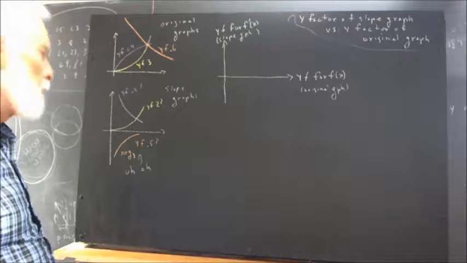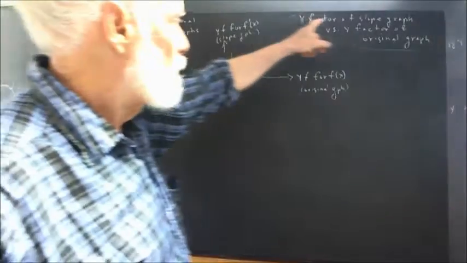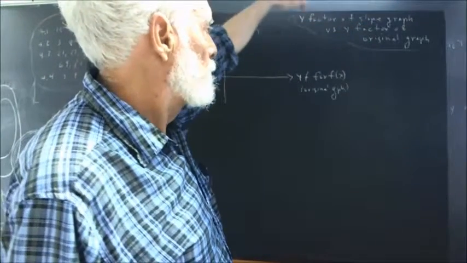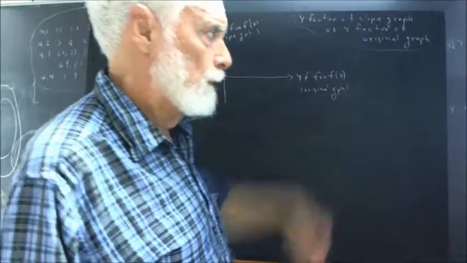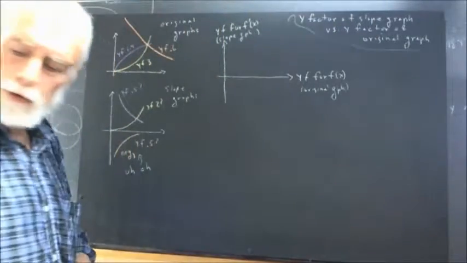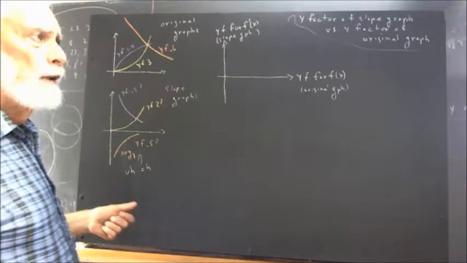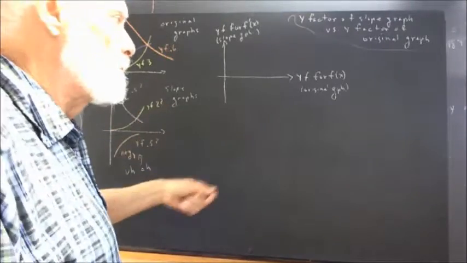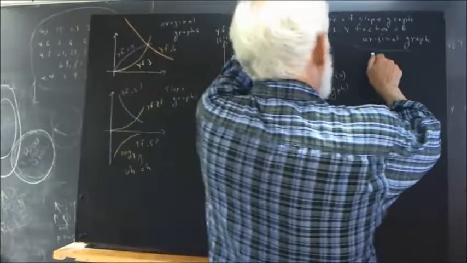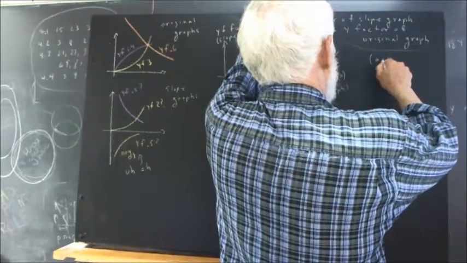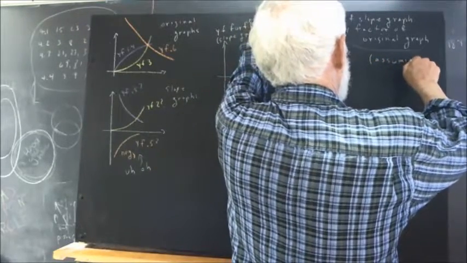Okay, we want to look at how the y-factor of the slope graph is related to the y-factor of the original graph. Now, of course, we're assuming that the slope graph of a power function is a power function. So I better write that assumption down.